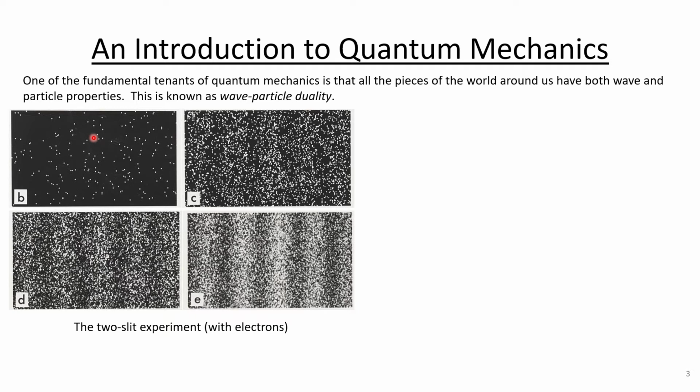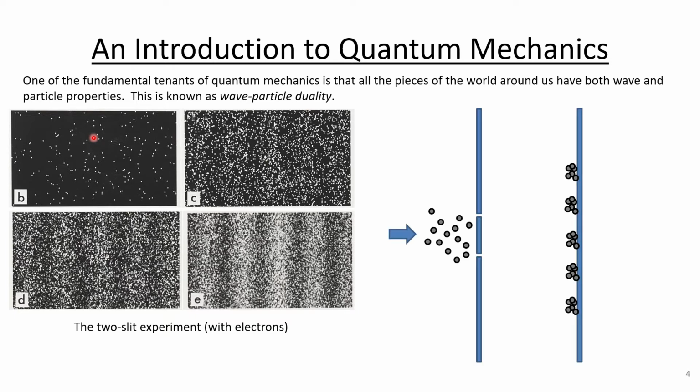As detectors got better, this is a relatively old experiment, you can do the same kind of thing these days, and you can get that bright and dark banding just like you do with a light wave, which we know to be an electromagnetic wave. Remember, the screen and particle experiment looks kind of like this. You've got your two slits, you send in a whole bunch of particles, whether you're doing it one at a time or a bunch at once, and they exhibit wave-like properties.